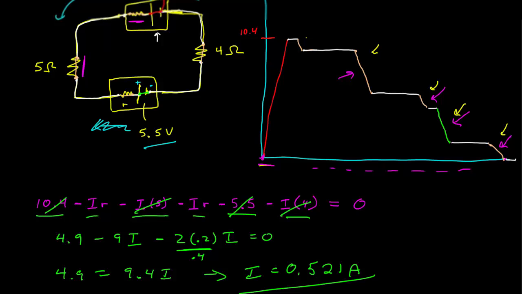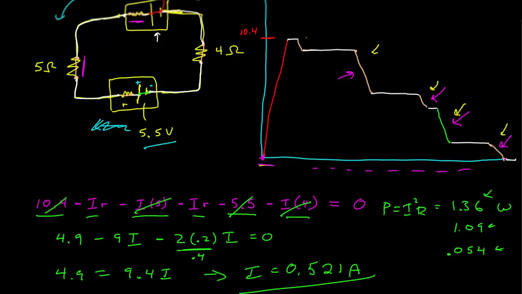We can go ahead and, if we want to, and we do, the power dissipated by the resistors is I squared R. That's equal to 1.36 for the 5 ohm resistor, 1.09 for the 4 ohm, and 0.054 for the internal resistance. Those are in watts: 5 ohm, 4 ohm, and the 0.2 ohm.